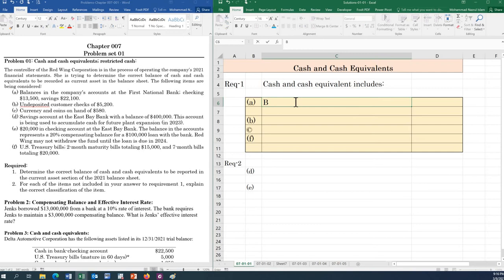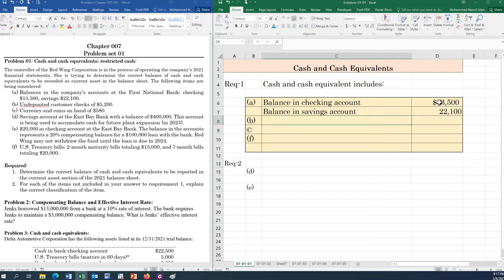So the balance in checking account should be 13,500. Then the balance in savings account is 22,100.